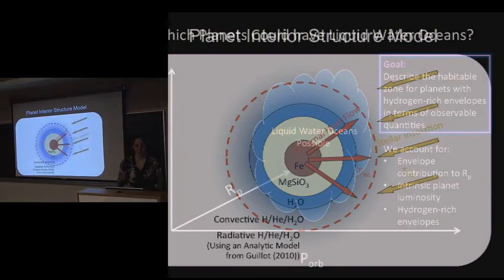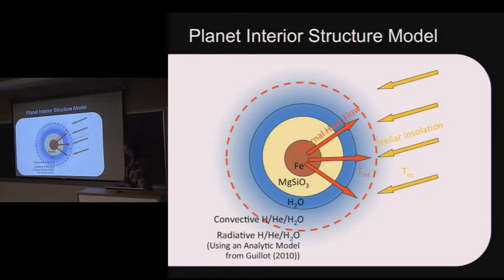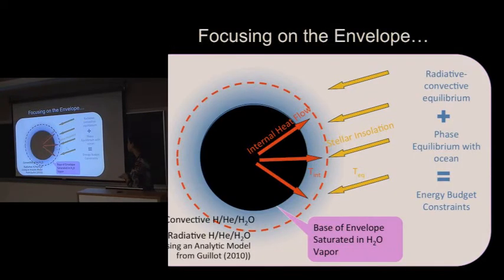Okay. So now, heading back to the model, I'm going to focus for a moment just on the planet envelope. And here, I'm exploring scenarios where at the base of the envelope we have a liquid water ocean.